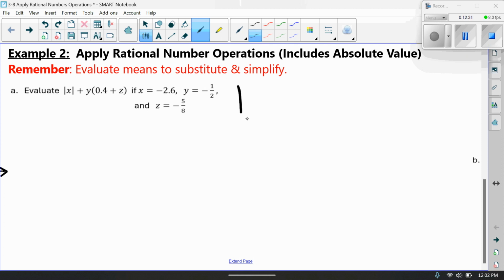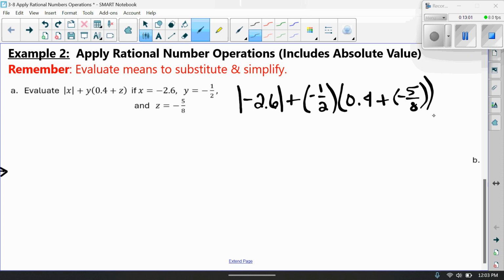So we've got absolute value of -2.6 plus y, which is -1/2, times 0.4 plus z, so plus z, and that's a negative, so plus a -5/8, close my parentheses, and that's it. Okay, so that's our problem.